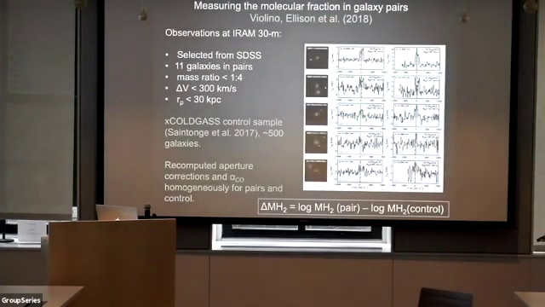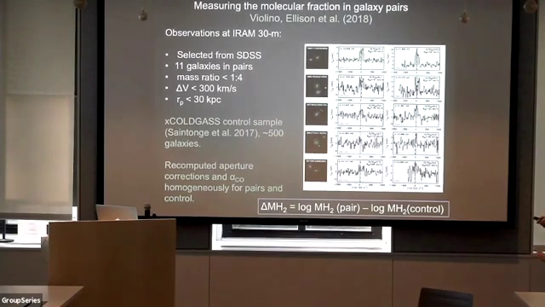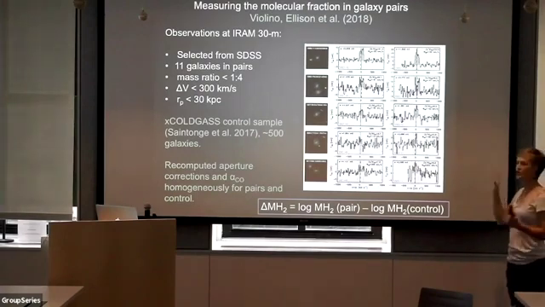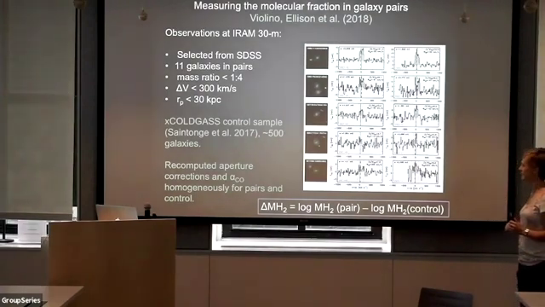So we needed to go out and make new observations for this because gas fraction's not part of what you get from Sloan. We started off with measuring the molecular gas fraction in a fairly small sample of galaxy pairs. We had 11 galaxies in pairs that were selected according to these criteria, and we made observations with the IRAM 30 meter to measure the H2 content, so molecular gas content.